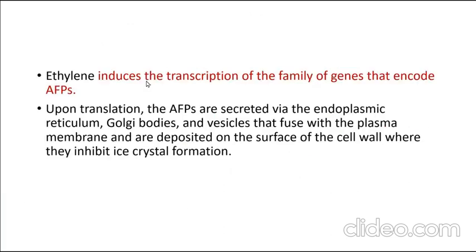Now, in response to cold stress, ethylene becomes activated. It is synthesized more and more, and it induces the transcription of proteins named AFP proteins, or antifreeze proteins. Once antifreeze proteins are synthesized, they will be released through the endoplasmic reticulum, Golgi bodies, and vesicles, which will fuse with the plasma membrane, and they are then deposited on the surface of the cell wall.